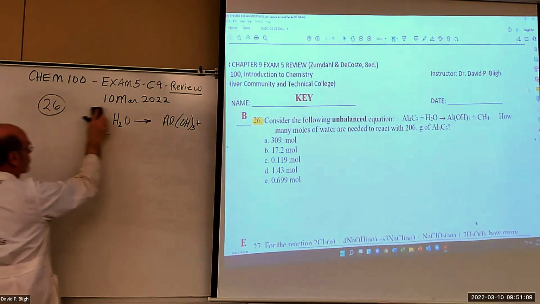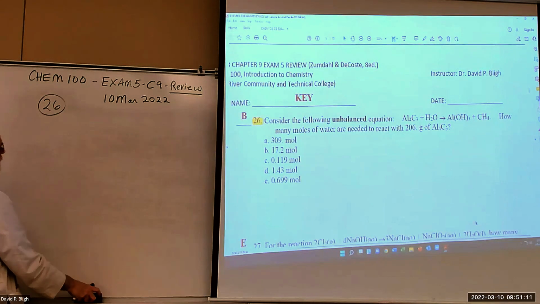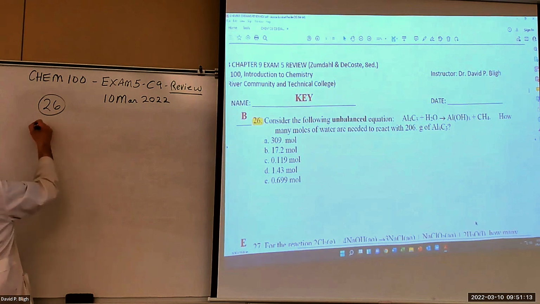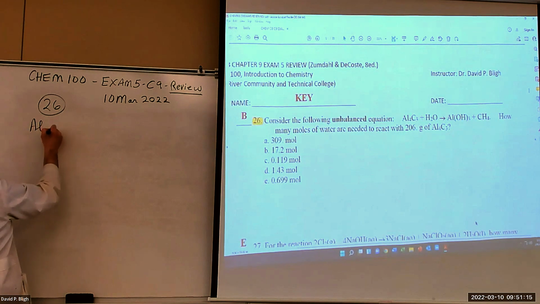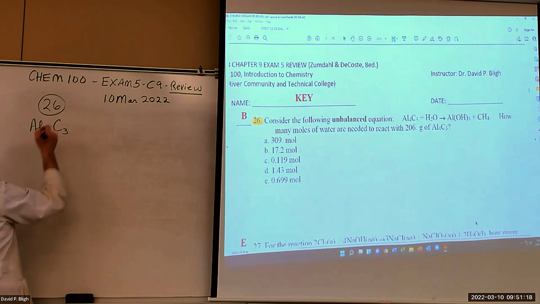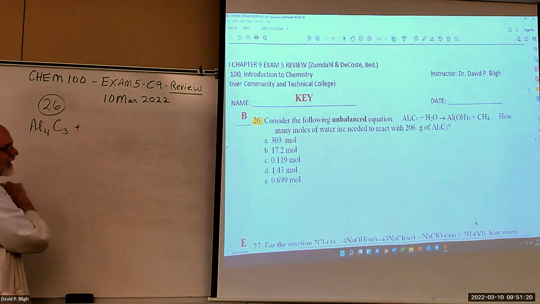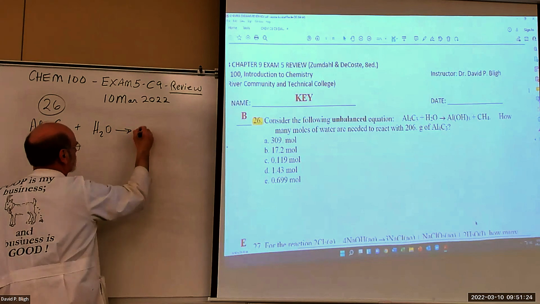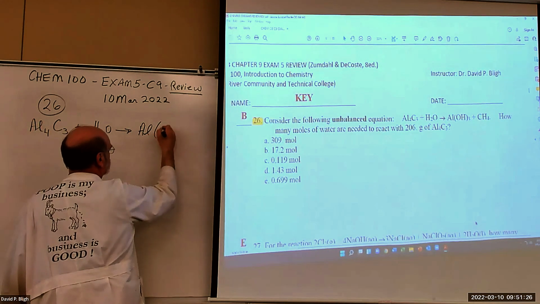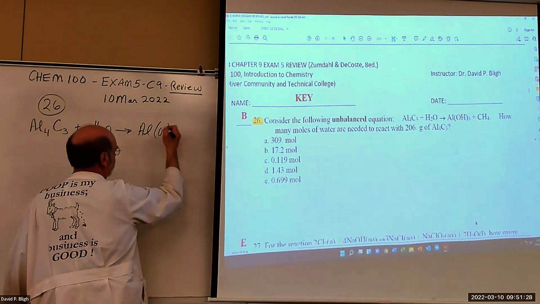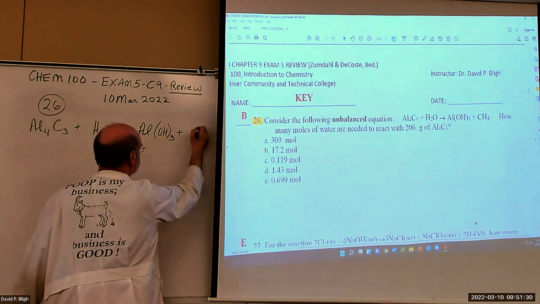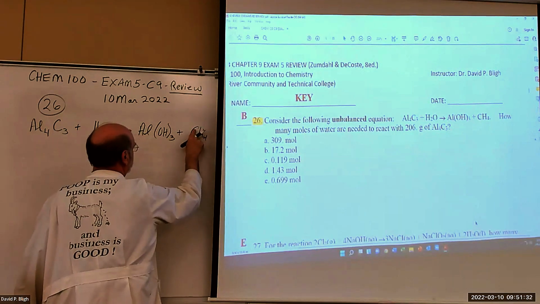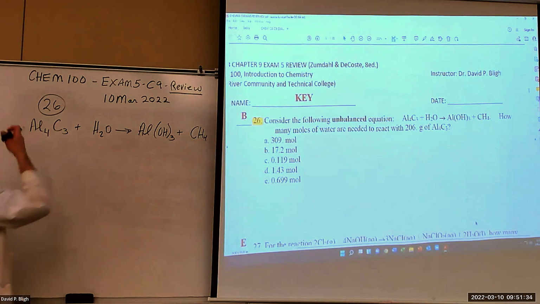I should have started further to the left. Let's try that again. Okay. Water, aluminum hydroxide, and methane. Okay.